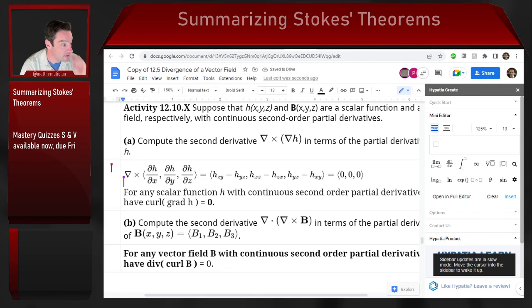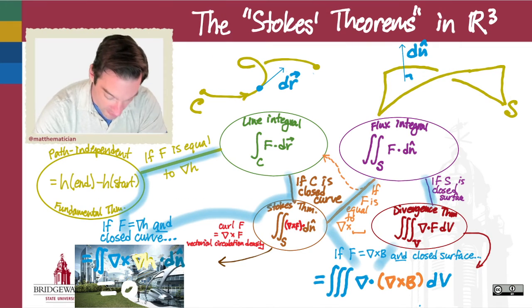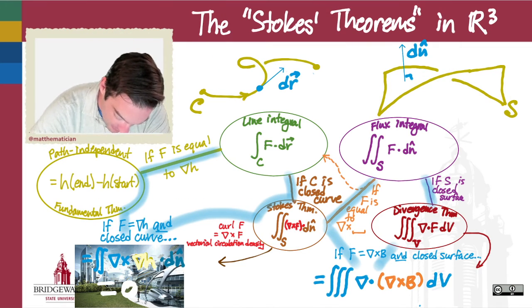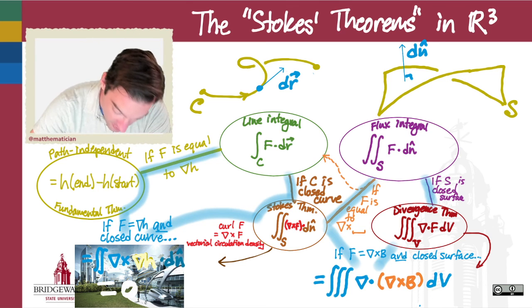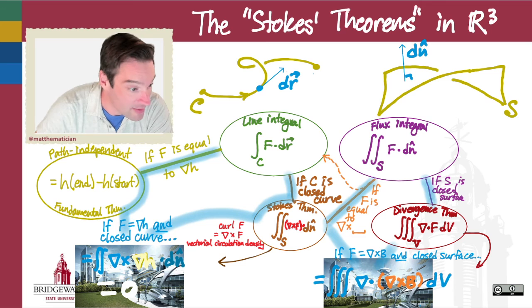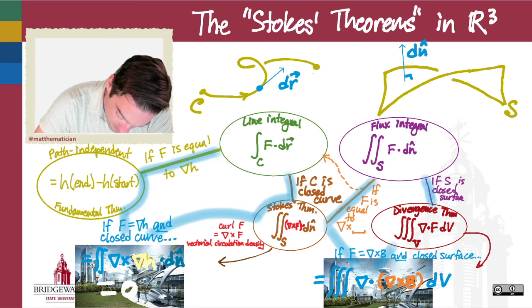And so that fills in the lower right-hand corner of this same diagram. Right? That if I am finding a flux integral on a closed surface, and also my vector field is the curl of some vector potential function, then I'm once again in the best of all worlds, because this integrand is just going to be equal to 0.